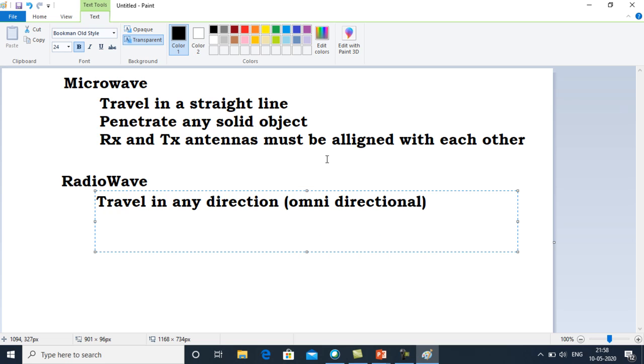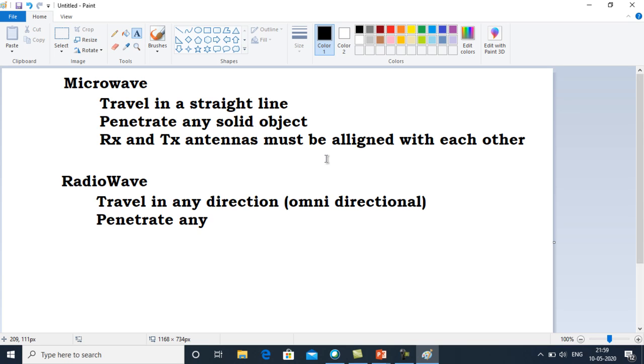And the second thing is that they can penetrate objects.